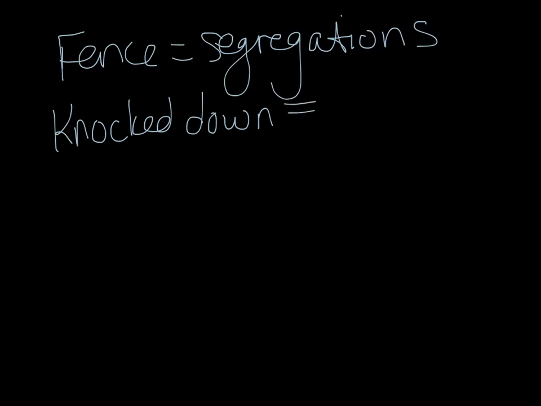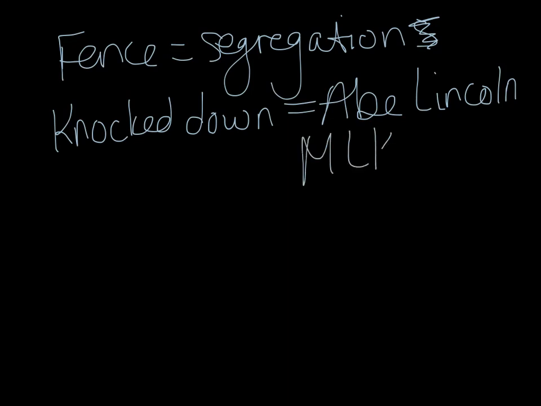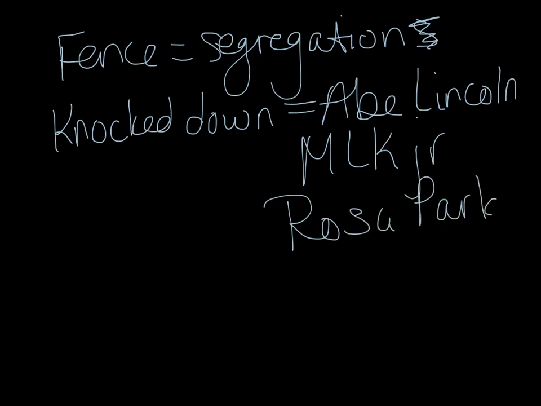We brainstormed in class, who is that person, or who could those people be that came and knocked down the fence? We had people say that it might have started with Abe Lincoln. We had Martin Luther King Jr. and Rosa Parks, and I'm sure you could think of some others that were important to the civil rights movement or before.